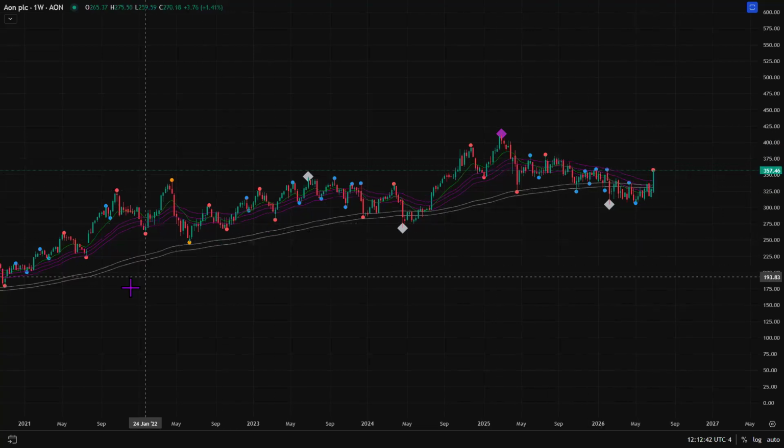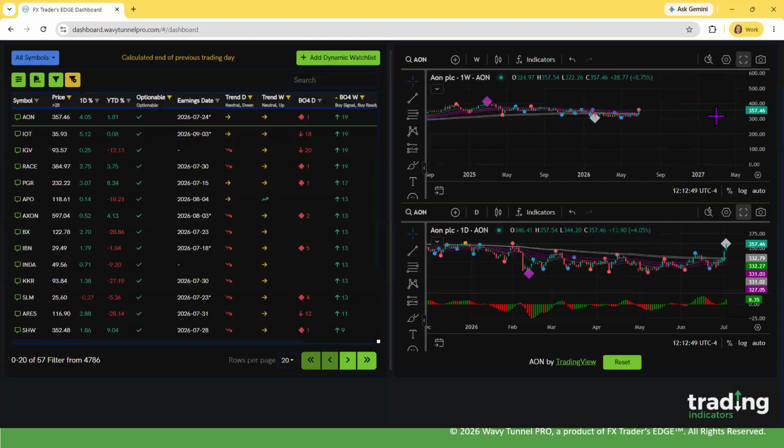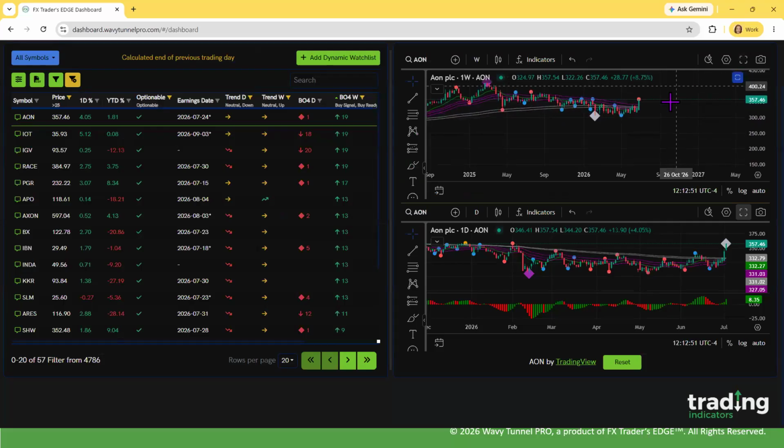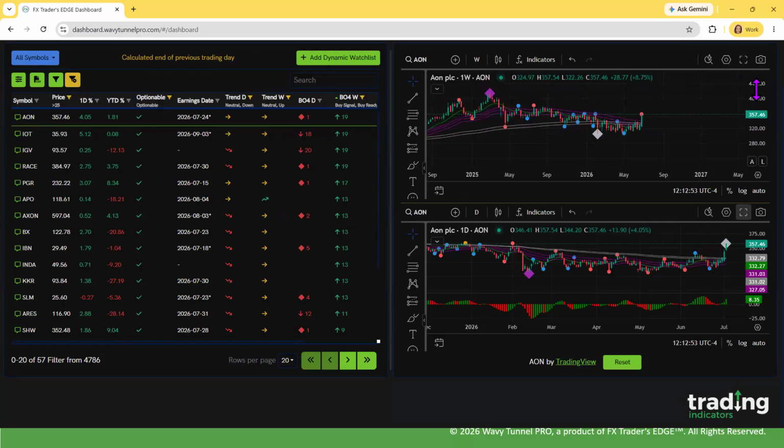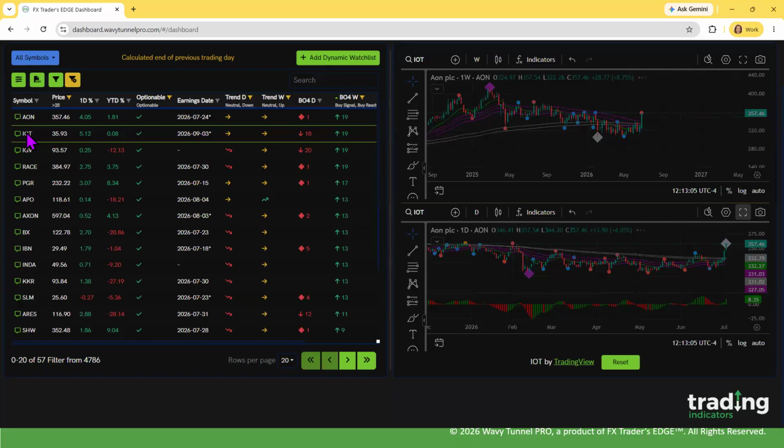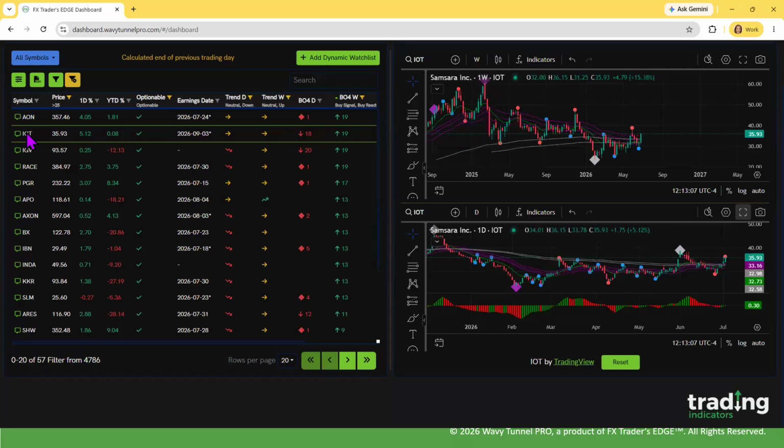But we have had a very extended move higher in this stock, so I just wanted to show you that. I'm going to leave it because it's a very high price stock. I'm not going to put it on the watch list right now. I also wanted to show you how price can consolidate for a long time and then move up. Let's look at another one and see how this appears.